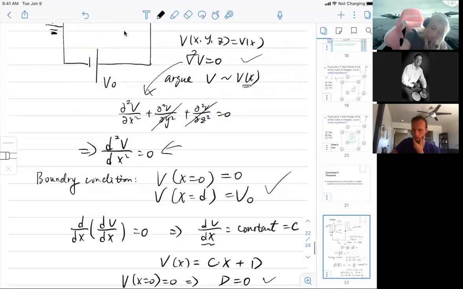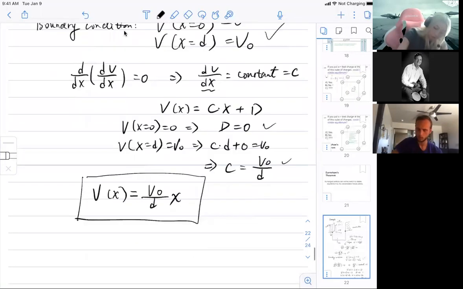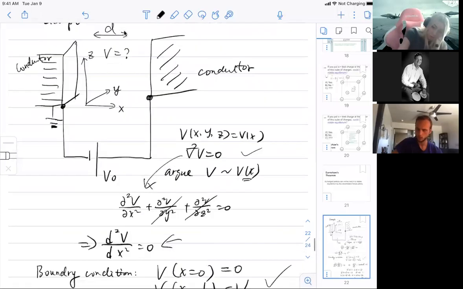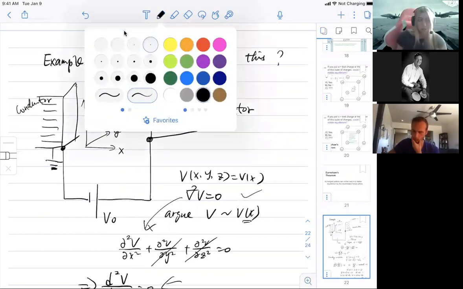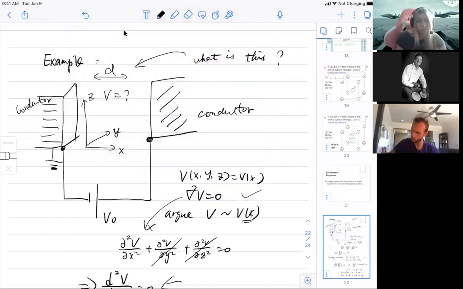So what do you think this represents? What kind of physical setup do I have? What is this physically? A capacitor, thank you, Nicholas.